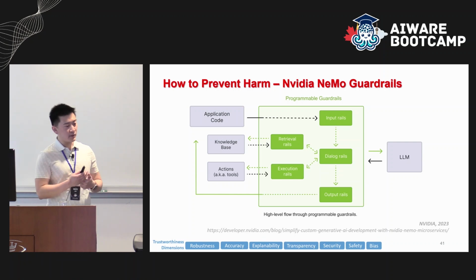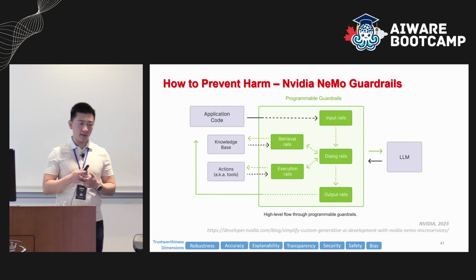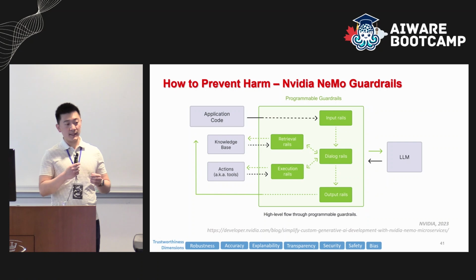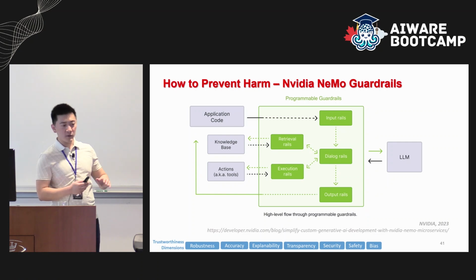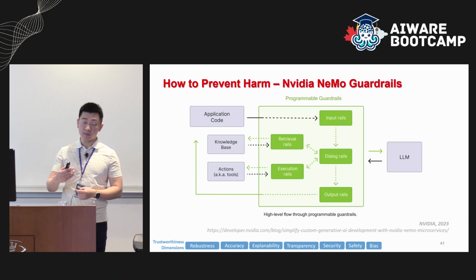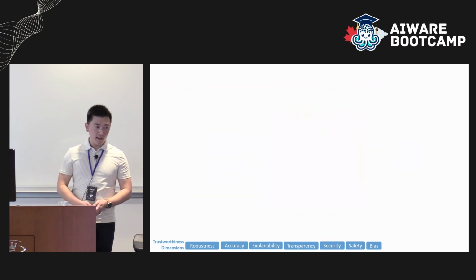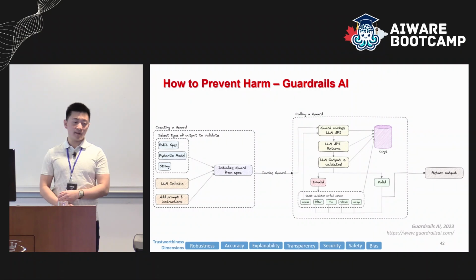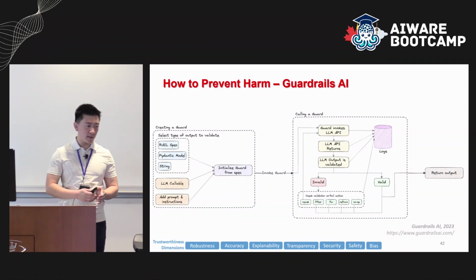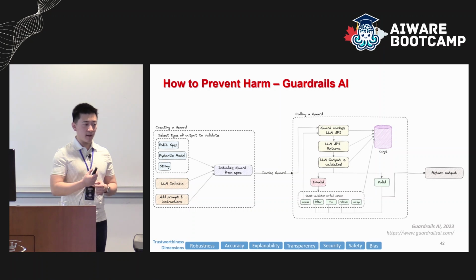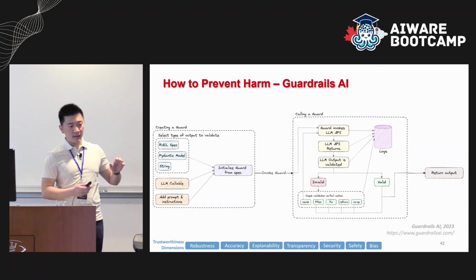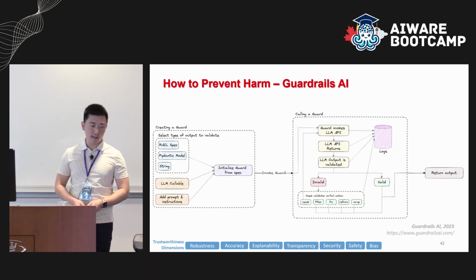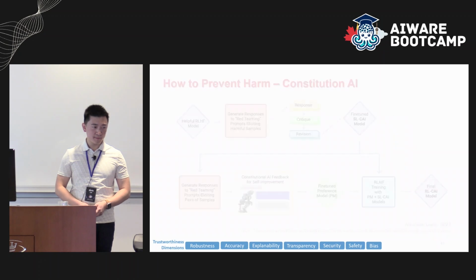It guards your input, your retrieval results, your dialogue, your output, execution trace, etc. And you can build those connections between your application code and their framework, and try to use their capability to guard your application. But sometimes you also might want to build your own guardrails in a very domain-specific way. There are also frameworks such as Guardrails AI, etc., where you can specify your guard in their abstraction, and then you connect those guards into your system, and they provide you the framework to easily connect your system with these kinds of guards.